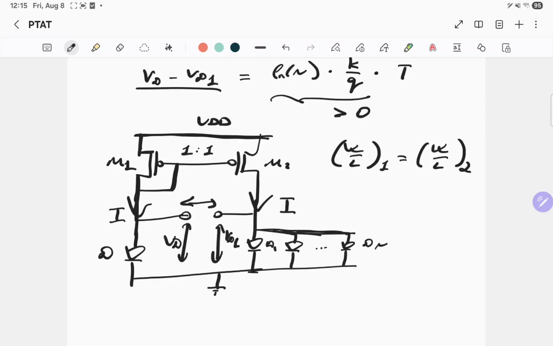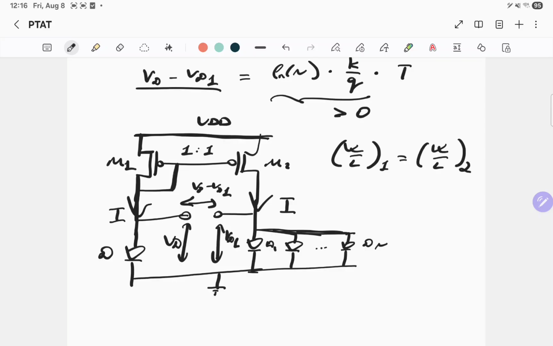So we can say that the differential voltage between the left and the right wings, which is the difference of the voltages between the left and the right, VD minus VD1, is a PTAT reference.